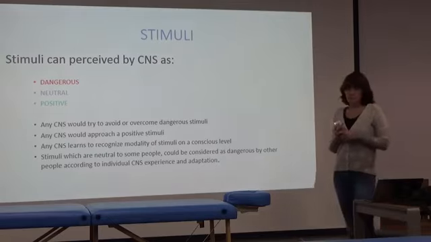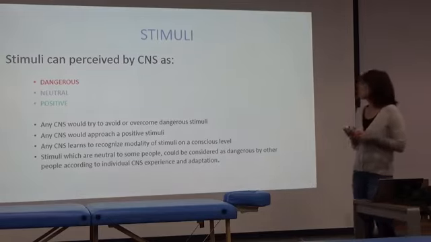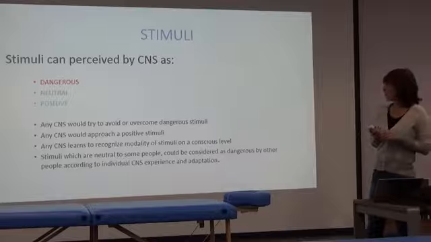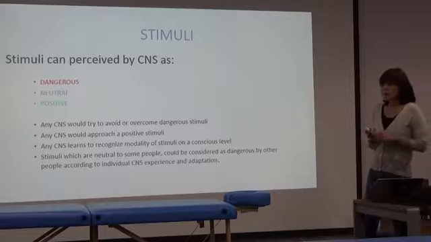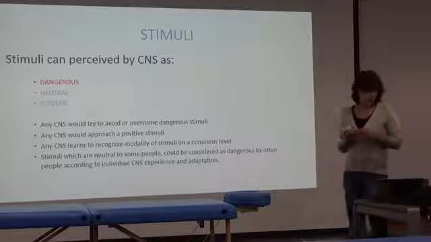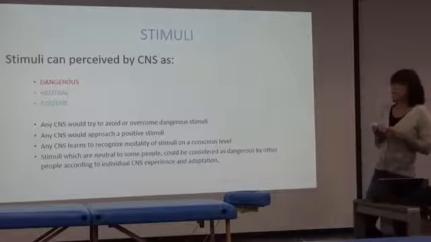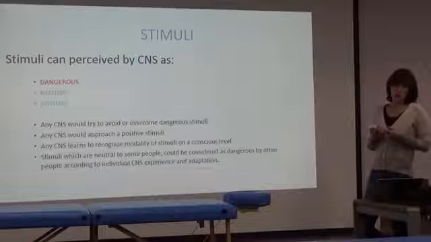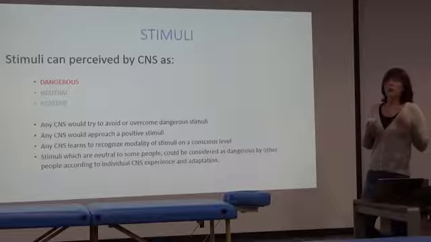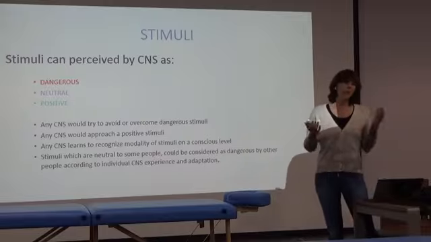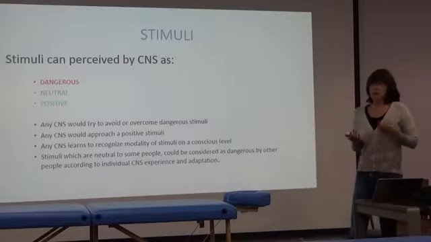Any nervous system will perceive a stimulus as either dangerous, neutral, or positive. And the normal behavior of any central nervous system is to avoid or overcome dangerous stimuli or approach positive stimuli. And it works with us every day. If somebody is nice to us, we approach, we like him, or we make friends, and so on.